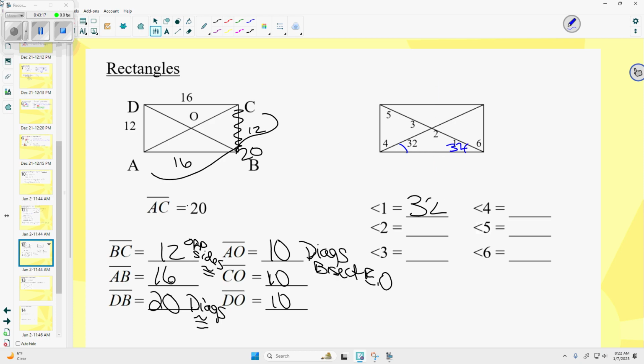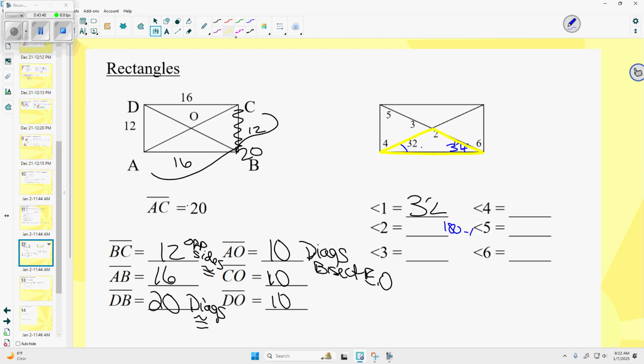All right, how are we going to get angle 2? Is it 90? No, definitely not 90, because that was for a rhombus, not for a rectangle. How are we going to get it? We've got a triangle there, and you have 32 and 32, which is 64.